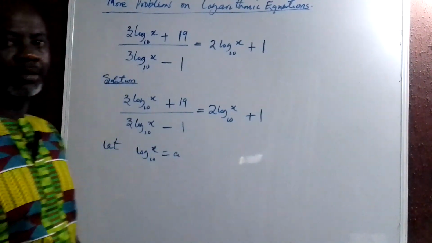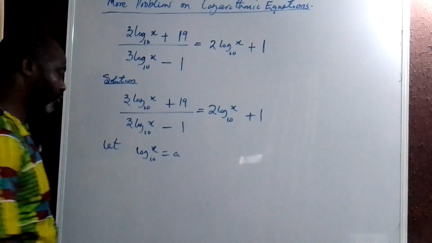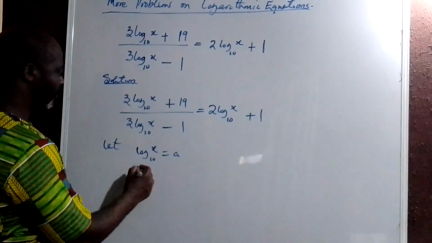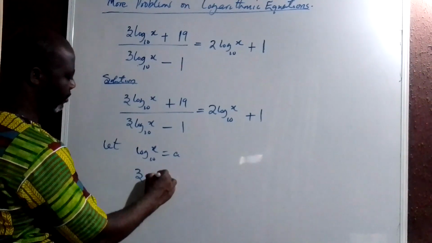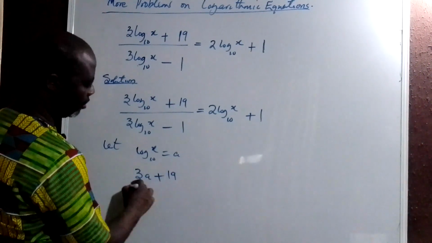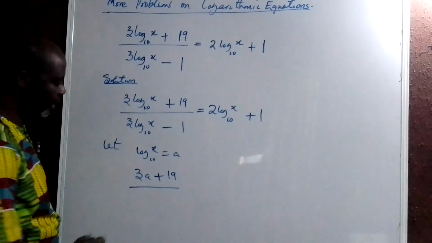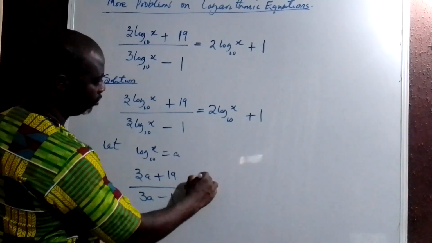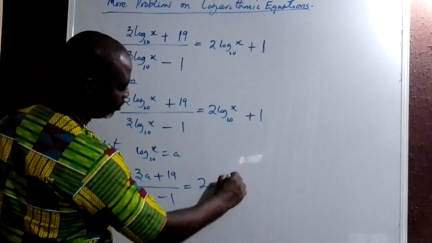So we can just simply make a substitution. Once this is done, our equation becomes 3a plus 19 all over 3a minus 1 equal to 2a plus 1.